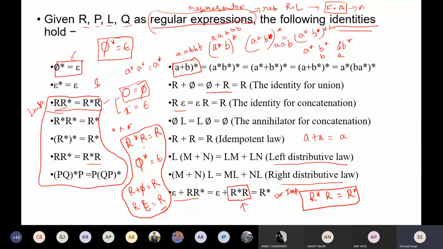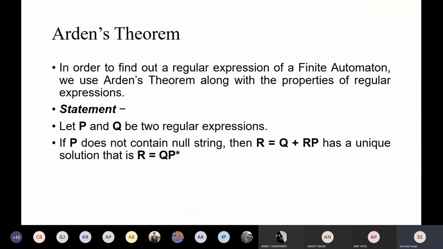Okay, so again moving forward, Arden's theorem. Okay, so Arden's theorem is just a way to convert. Now we have directly seen that I have given you a language and you are just directly writing a regular expression related to that language. But traditionally it is not done like that, mostly in books.